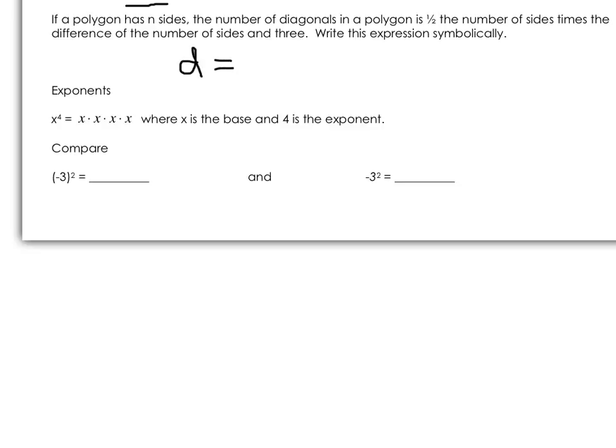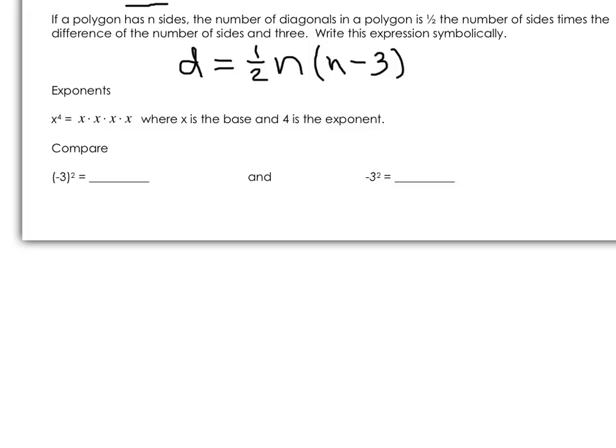The number of diagonals in a polygon is 1/2 the number of sides, let's call that n, times, that means multiplication, the difference. We're going to multiply 1/2 n times a difference. We need parentheses for that. The difference of the number of sides and 3.